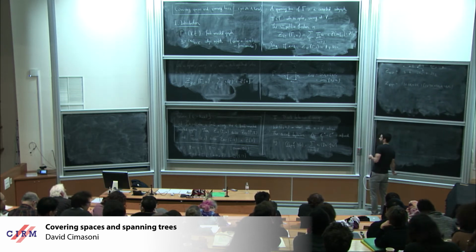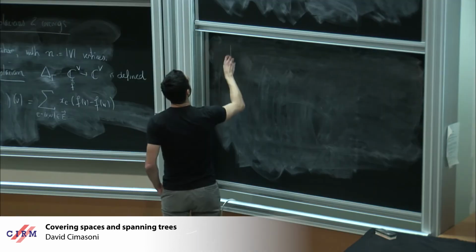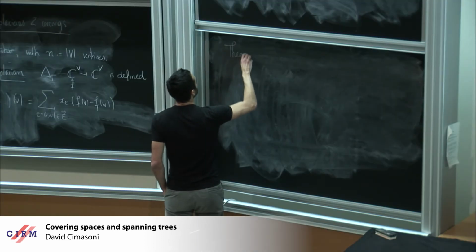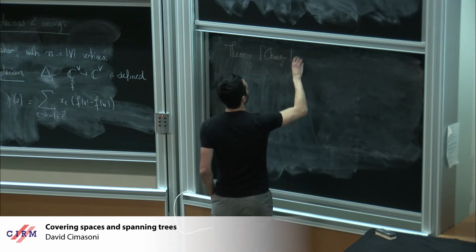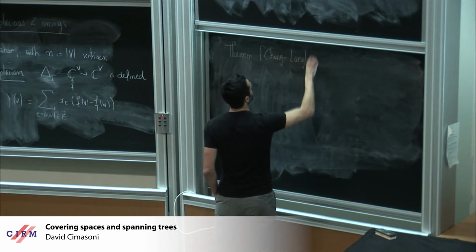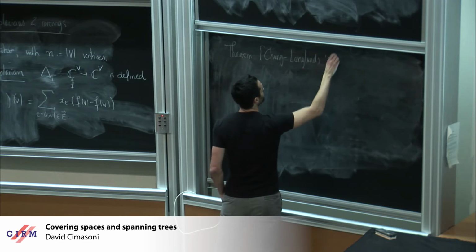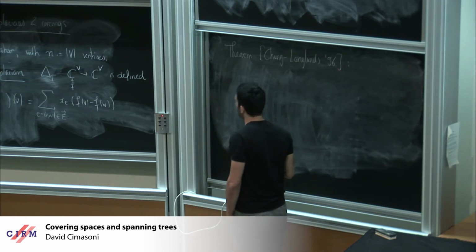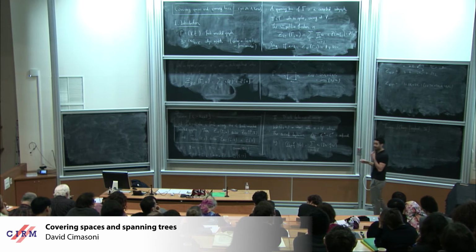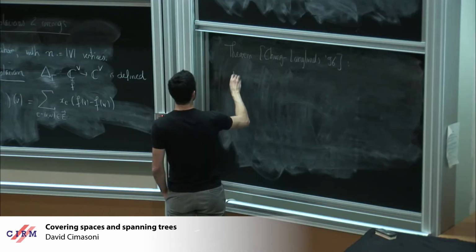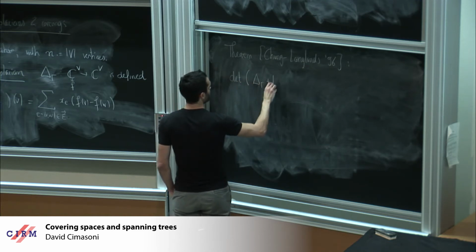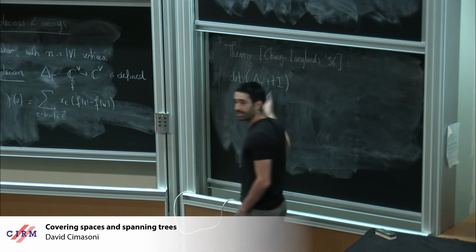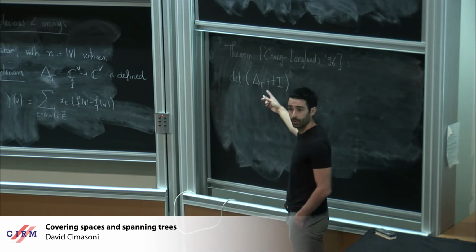And now there is a theorem due to Chung and Langlands, '96, which states the following. If I look at the determinant of this operator plus tI, it's something like the characteristic polynomial, though not exactly.